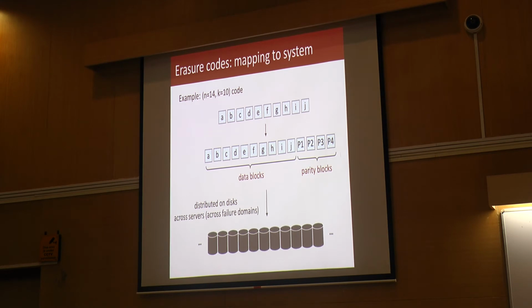And typically these disks are chosen across what are called failure domains. These failure domains are where correlated failures could occur, like in the question, right? So you don't want to have multiple blocks within that failure domain, because then you'll have multiple simultaneous failures, right?